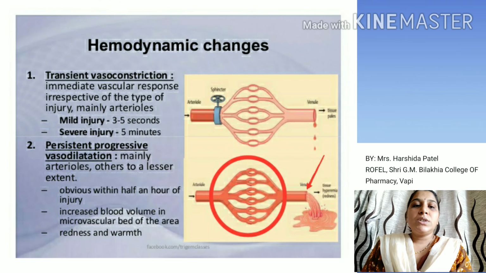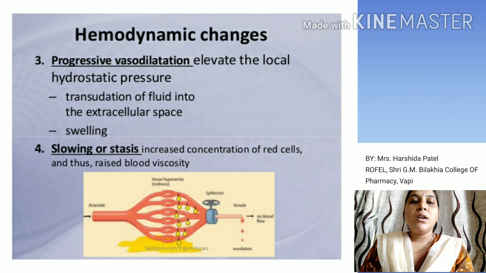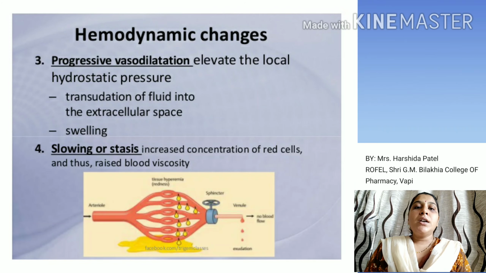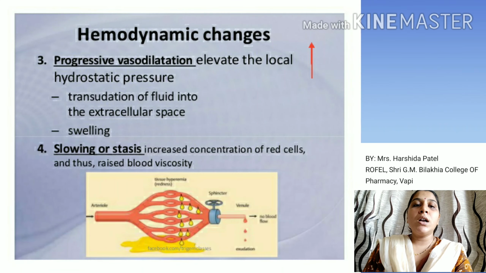Now next we are going to see the next stage, which is progressive vasodilation. When there is progressive vasodilation, meaning the vasodilation continues progressively, there will be elevated local hydrostatic pressure due to the increased blood flow and increased plasma accumulation.